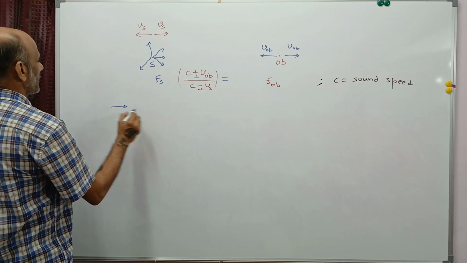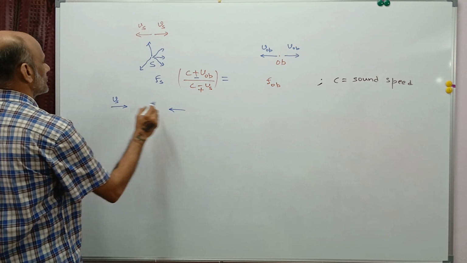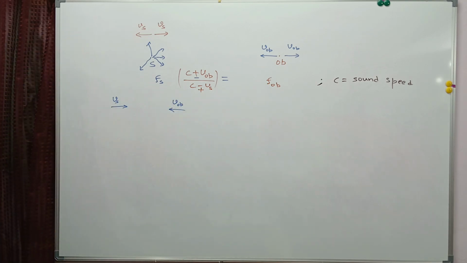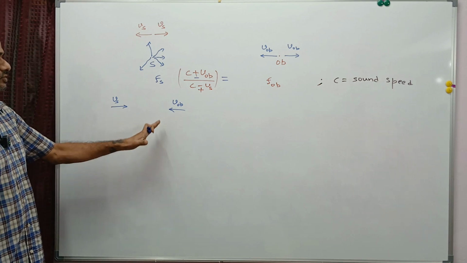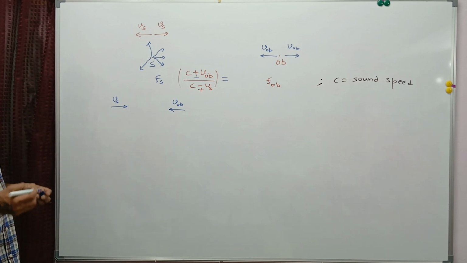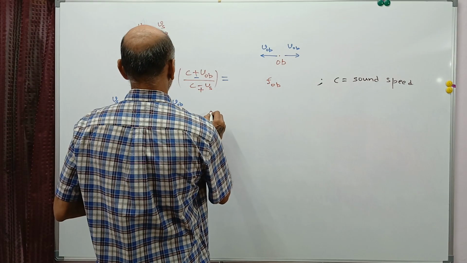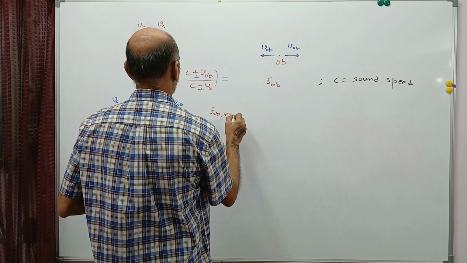The source and observer are moving towards each other. Here the frequency will be maximum, because of the source movement the frequency will increase, and because of the observer movement the frequency will increase as well. So in this case, the observed frequency will be maximum.